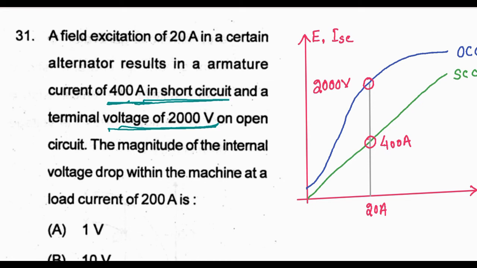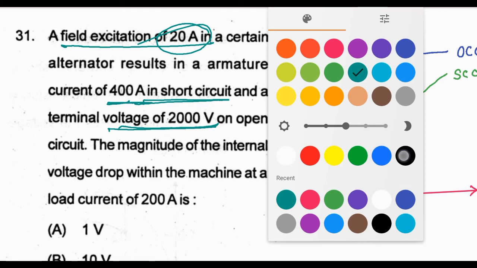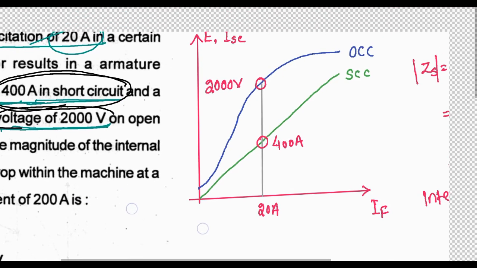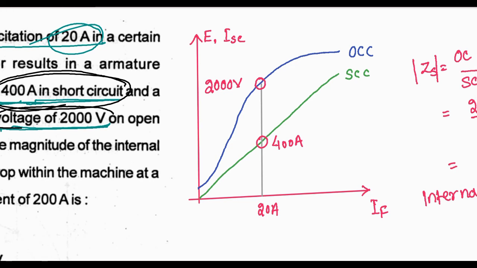So here I have drawn the OCC and SCC, that means the open circuit characteristic and short circuit characteristic of the synchronous machine. Suppose this one is 20 ampere. For this 20 ampere I am getting a short circuit current of 400 ampere and 2000 volt open circuit voltage.